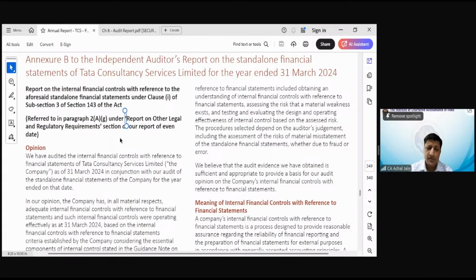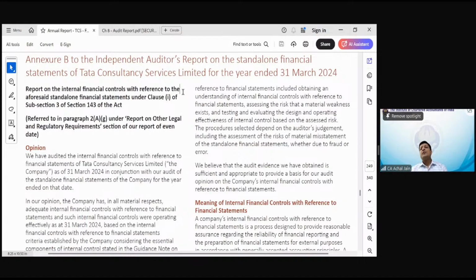Now there is a reference referred to in para 2AG under legal report on other legal and regulatory requirements section of our report. Okay, now once again, this report we can just look at later.